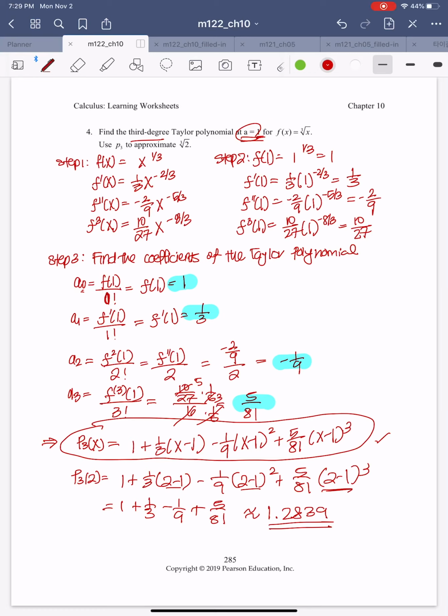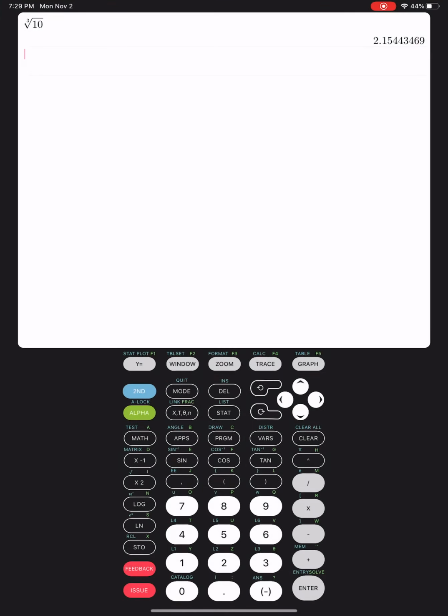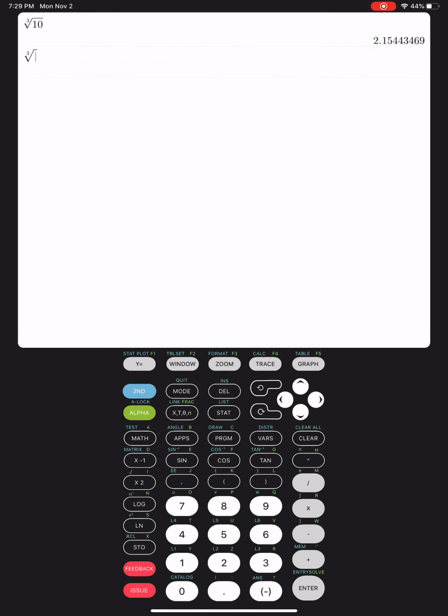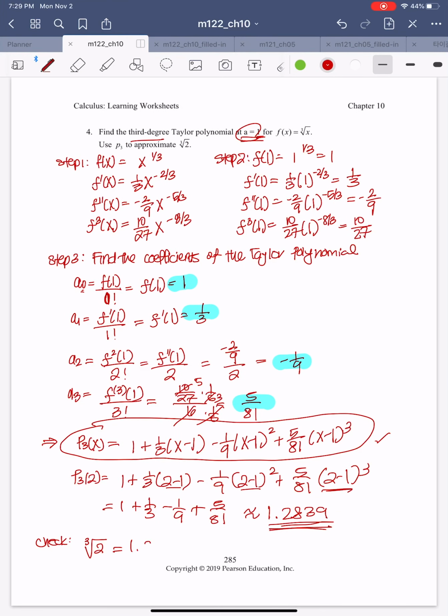Now this is kind of like checking what the actual value of the cube root of 2 is. How accurate is it? If you actually compute the cube root of 2, it is 1.2599.